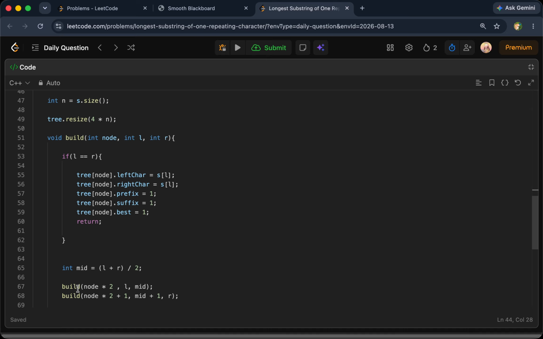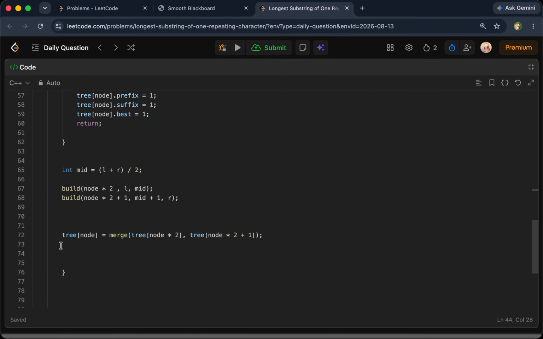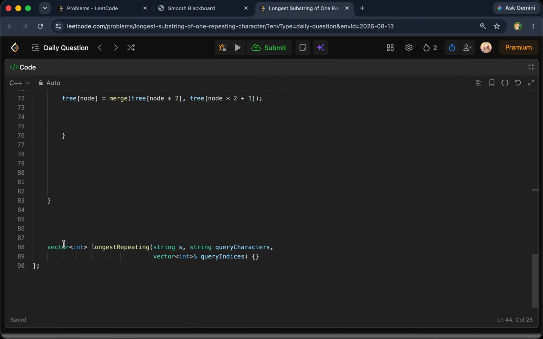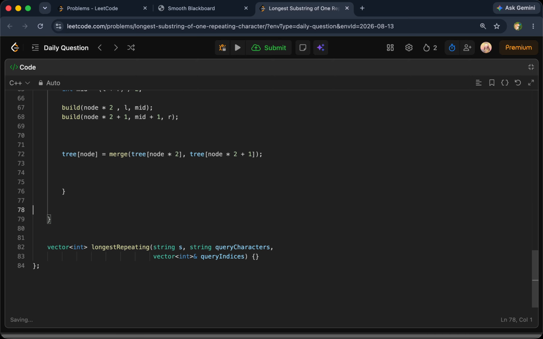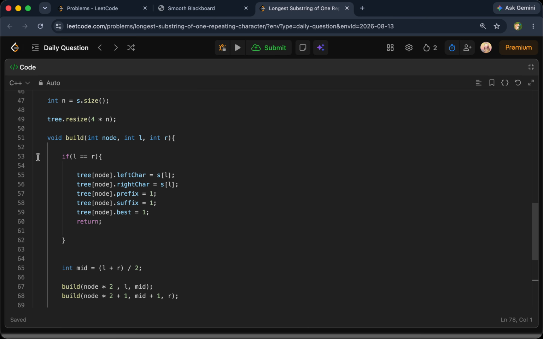Okay. Now next is the build function. In this we pass node, left and right. That much is right.